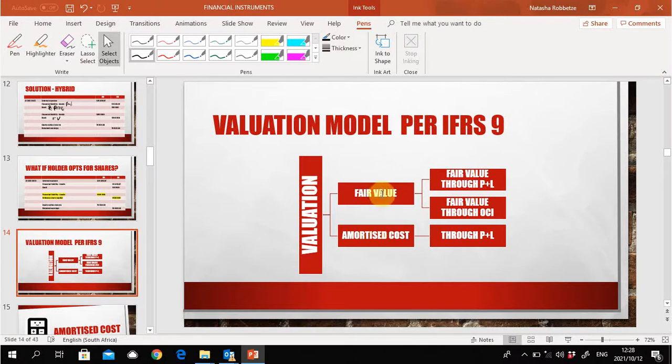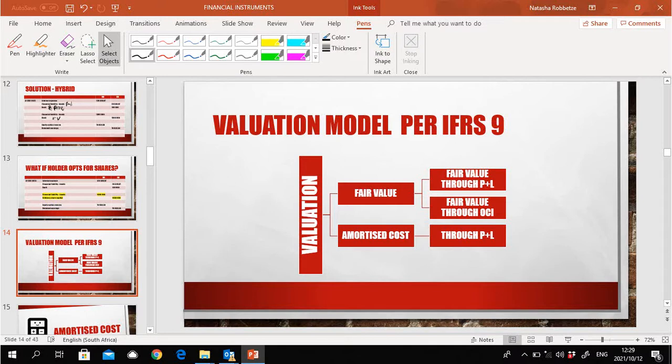So for fair value, the valuation can be done through profit or loss and/or fair value through other comprehensive income. And I am going to explain this because this differs depending on whether it's a financial asset or a financial liability. And the other option is amortized cost. So amortized cost is the calculation that we just did.